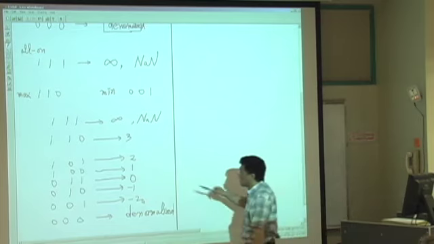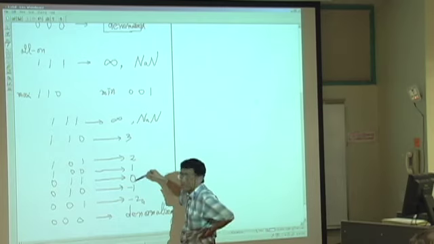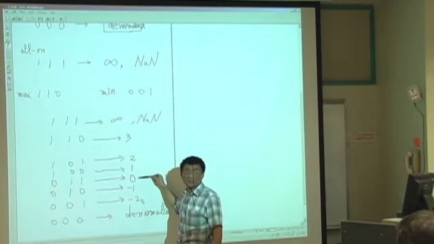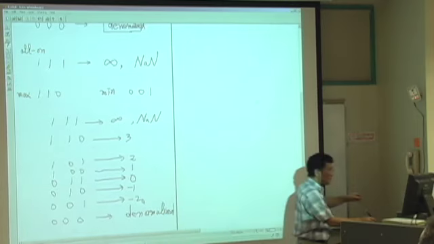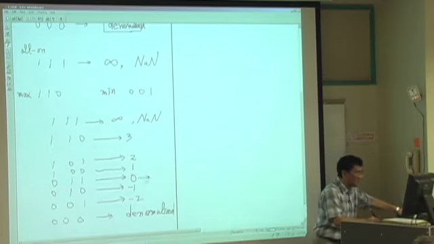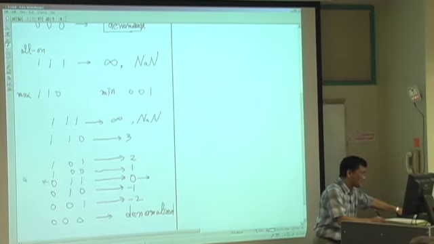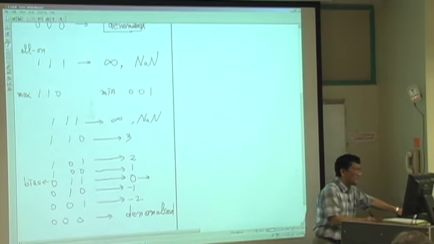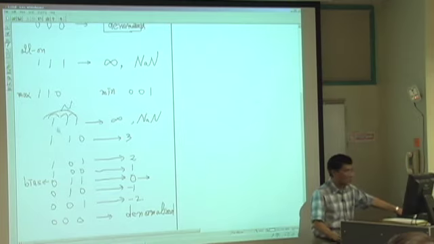Then how can you decide this kind of zeroth power position? We call this kind of number the bias. How can you decide this bias? It's very simple. Assume that n bits are used to represent the exponent.